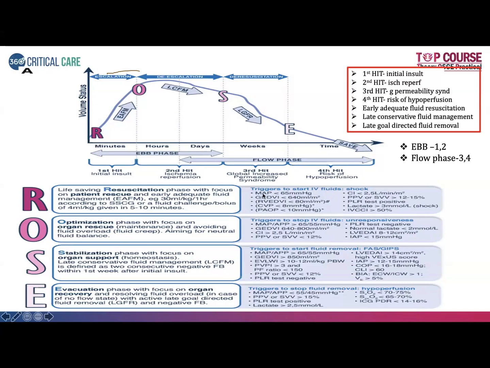All these things denote hypovolemia, and you start with early adequate fluid resuscitation in the first few minutes, which is considered the first or initial insult, in the period of shock.